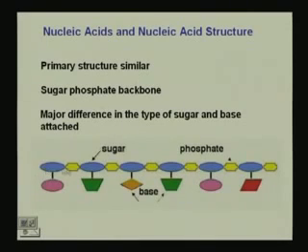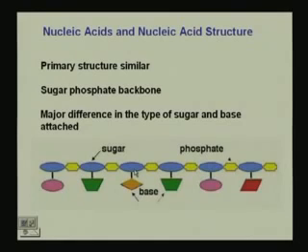They have a sugar phosphate backbone. The difference is in the type of sugar, because one is a ribose sugar and one is a deoxyribose sugar. Now, the difference again also lies in the type of base that is attached to the ribose or the deoxyribose ring. Okay?